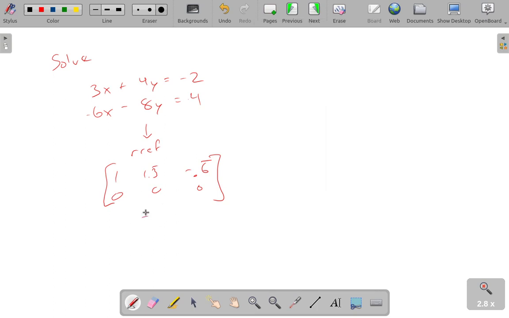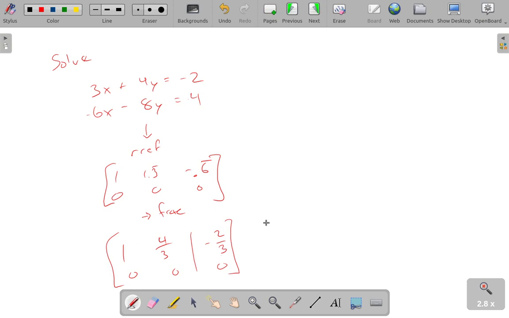So convert to frac: 1, 4/3, negative 2/3, 0, 0, 0. It's kind of a handy trick, telling the calculator to try to convert things to fractions for you.